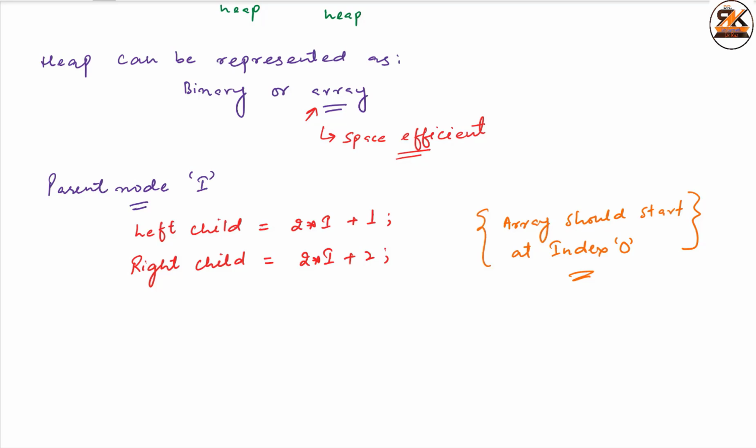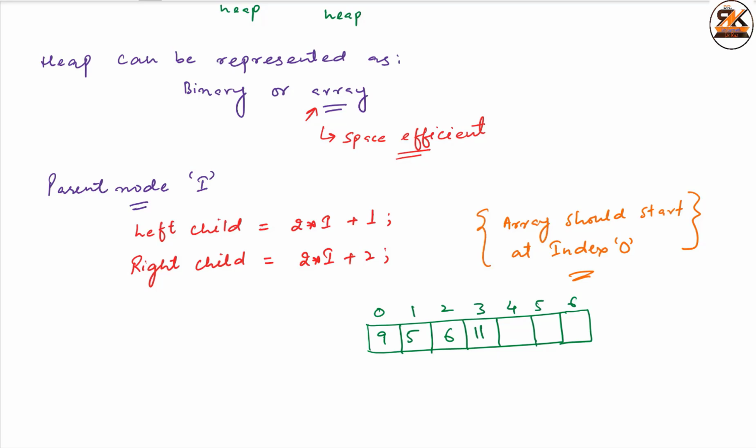Suppose I take an example here to see how the left and right child of a parent node can be found. Suppose this is an array representation of a heap. It has indexing as 0, 1, 2, 3, 4, 5 and 6. Suppose the elements are 9, 5, 6, 11, 3, 21 and 30.